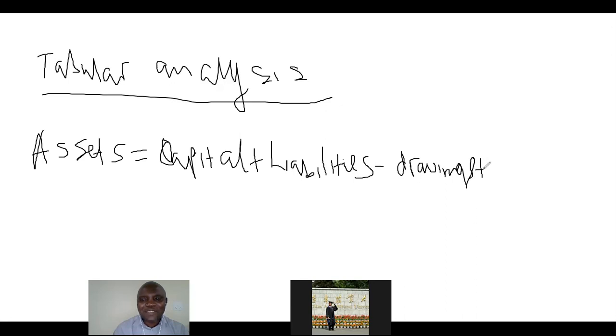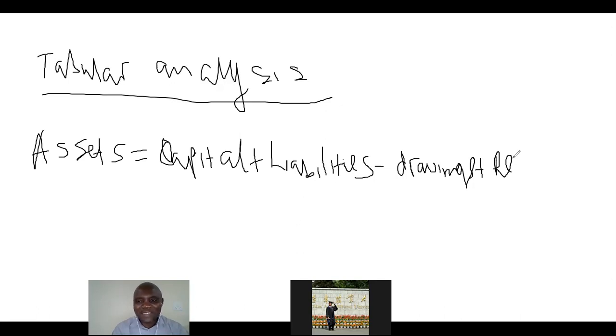Plus revenue, please do not forget that. Because revenue has a credit, an increase in revenue will have a credit balance. So anything that is below assets, equity, and the liabilities will have a credit balance.